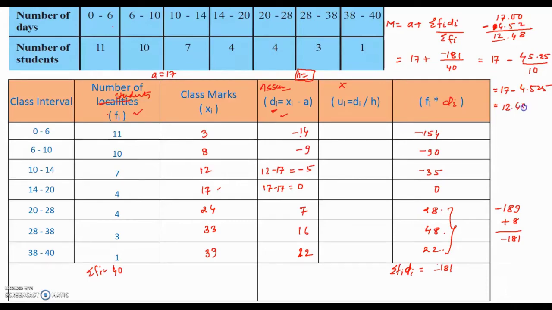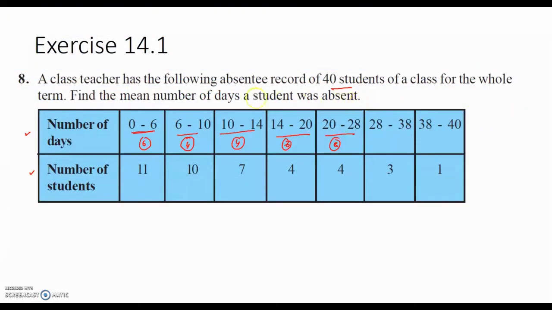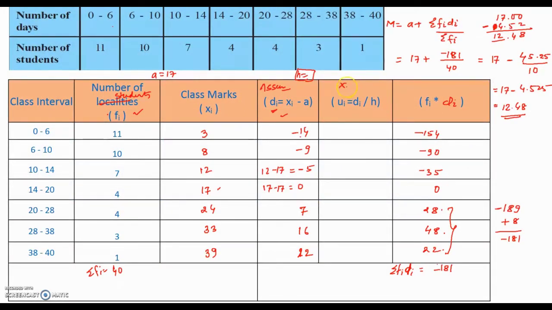So 12.48 should be the answer, the mean, using the assumed mean method. We did not use the step deviation method, as I said, because there is no suitable h here, no common factor between all the numbers that we got when we found the list of deviations. Hope you understood this question.